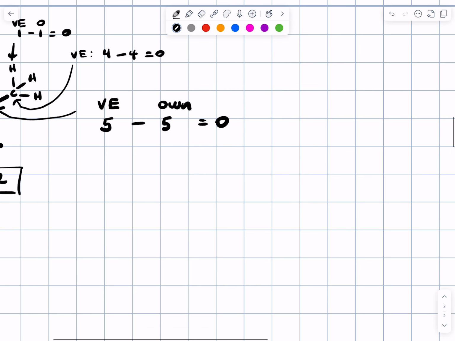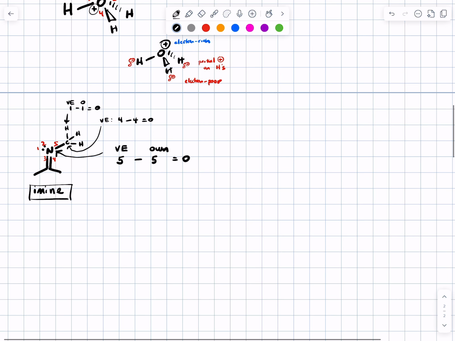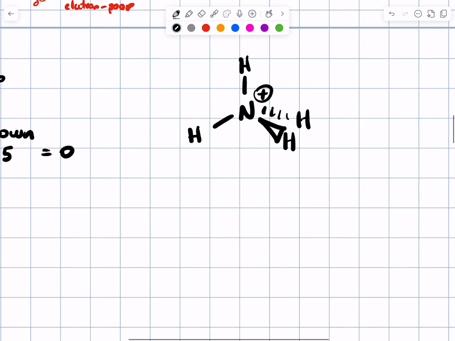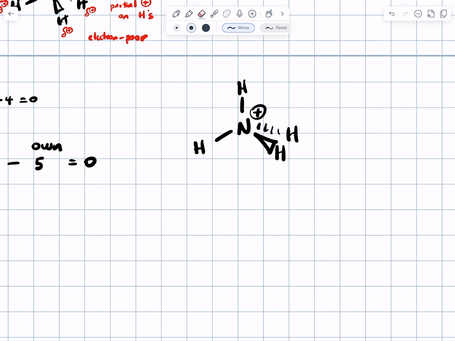Let's do another nitrogen-based compound. Let's do this one, which is a household cleaning chemical, ammonium hydroxide, or ammonium. We'll just draw this positively charged one. And I already gave you this, dang, it's so ingrained in my habits that I couldn't not draw the charge.